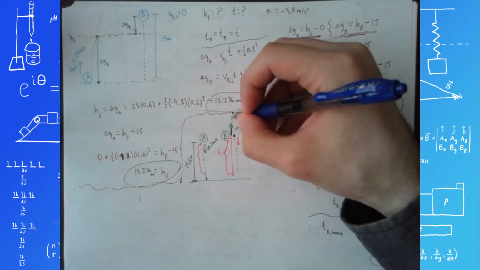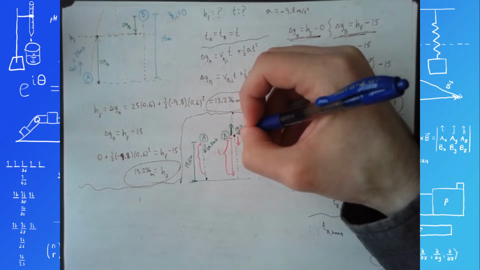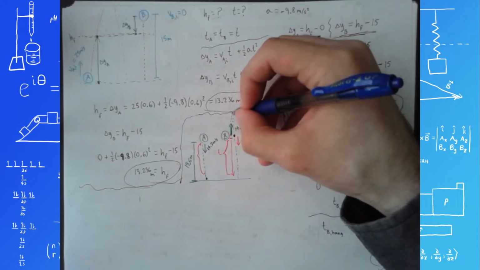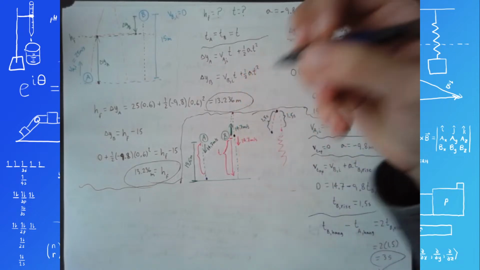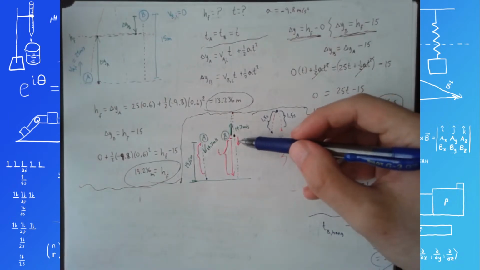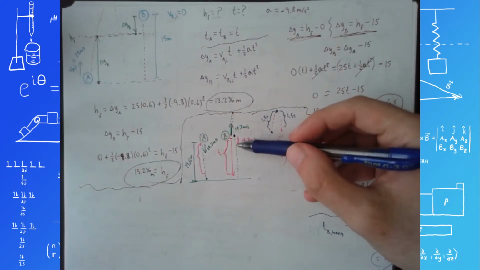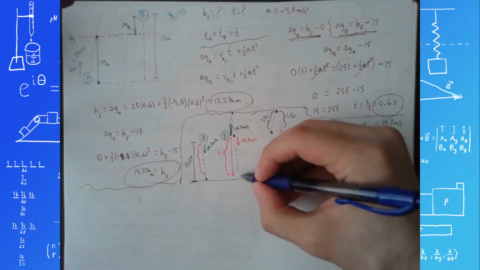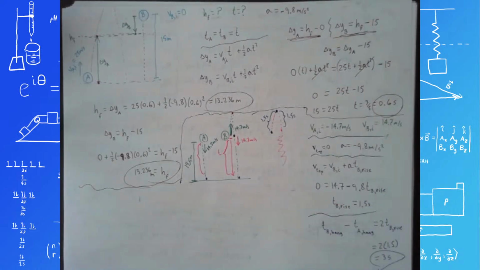Ball B is going to move up in the air, and then it's going to come back down to here, and then it's going to have a downward velocity of 14.7 from this point onward. So it should follow the same path. It should end up with the same final velocity.